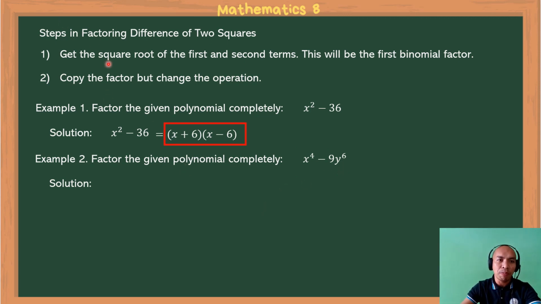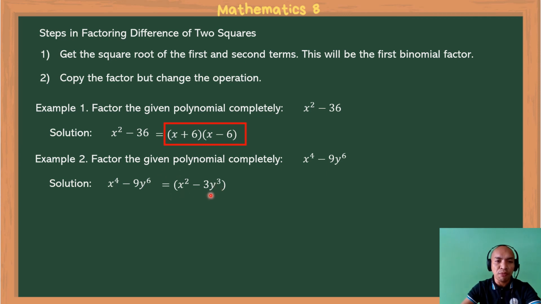Again, we just follow the process to factor this polynomial completely. The square root of x to the power of 4 is x squared, because 4 divided by 2 is 2. The square root of 9 is 3. The square root of y to the power of 6 is y to the power of 3, because 6 divided by 2 is 3.